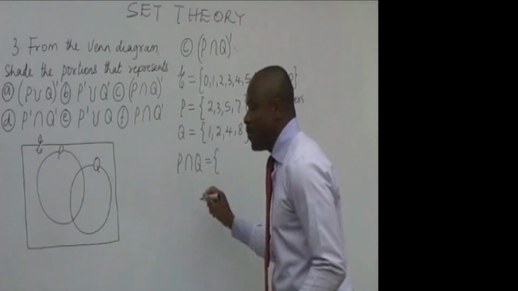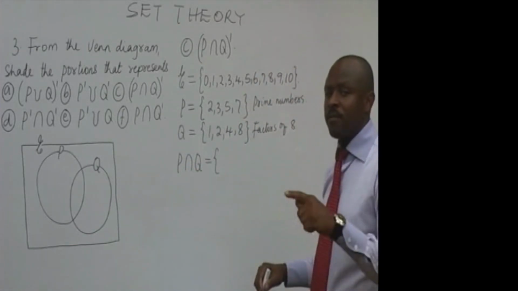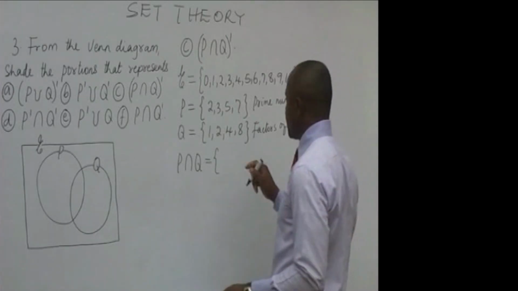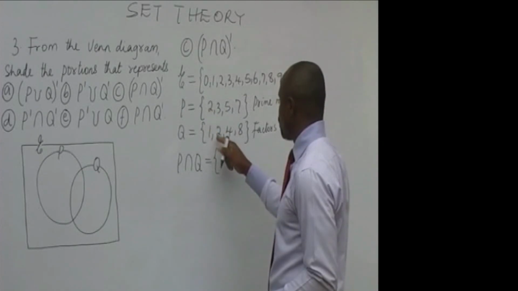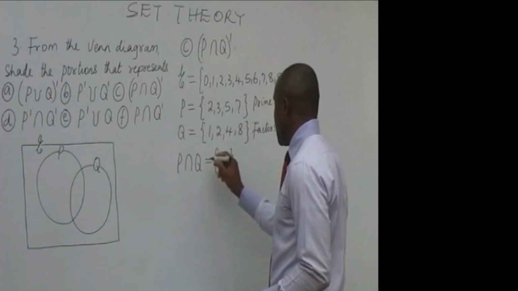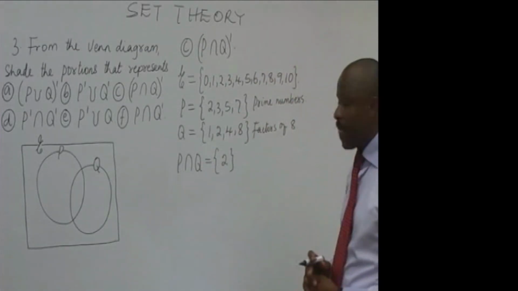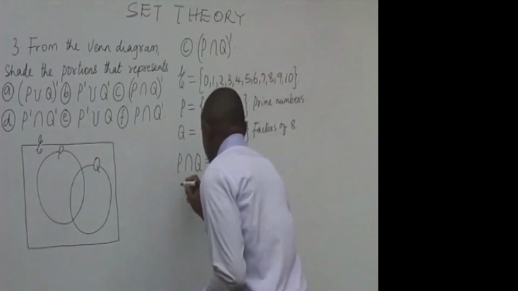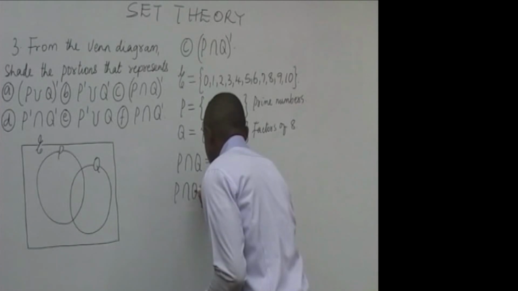P intersection Q are members of P that are also members of Q. So let's check. We can see that it is only 2 that is a member of P and also a member of Q. So P intersection Q is 2. Now let's find P intersection Q prime.